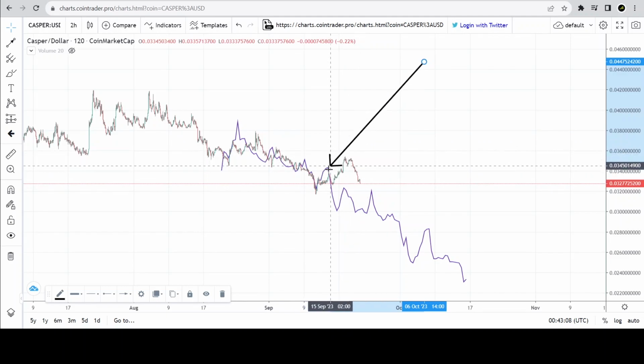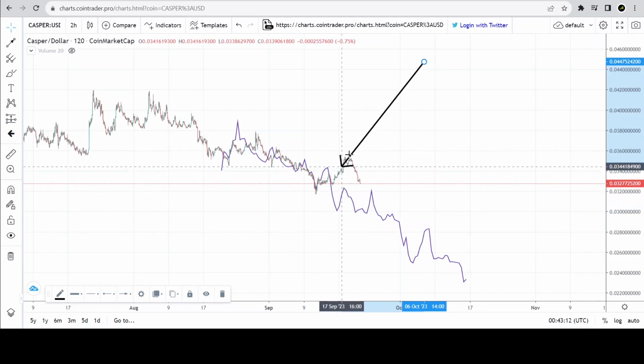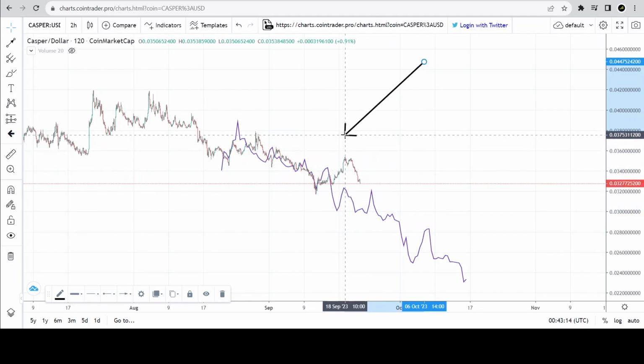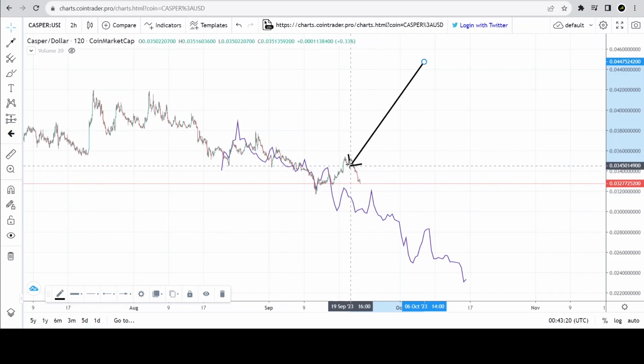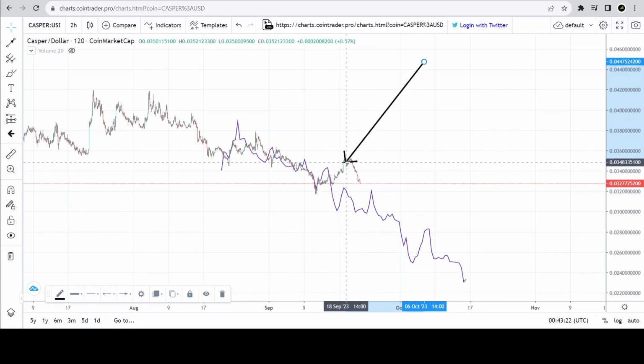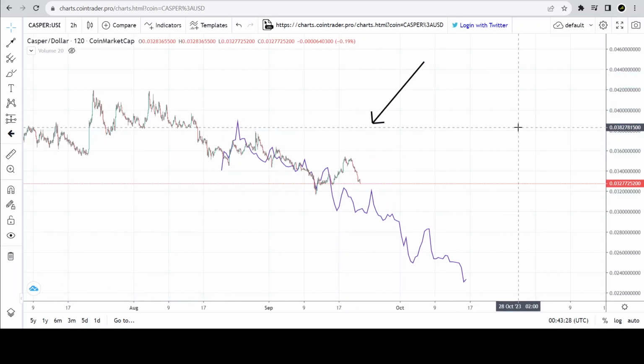So this structure right here, it is my belief that this is the same structure. It's just playing out on a larger scale. Let me adjust this structure, this fractal, to better match the timing, height, and depth on this chart. Now, it's important to understand that when a fractal repeats, the timing, the height, and the depth are always going to be unique.